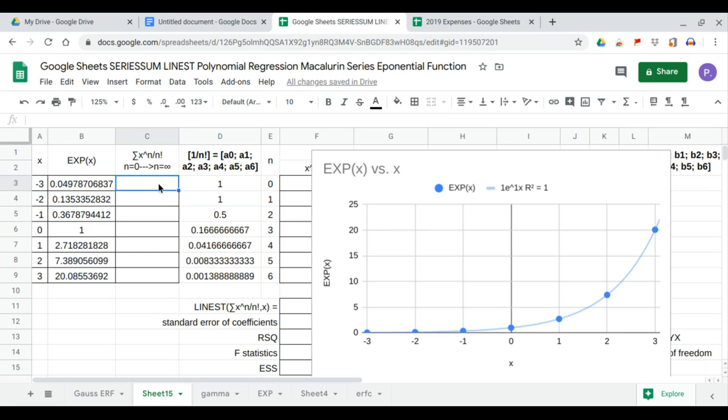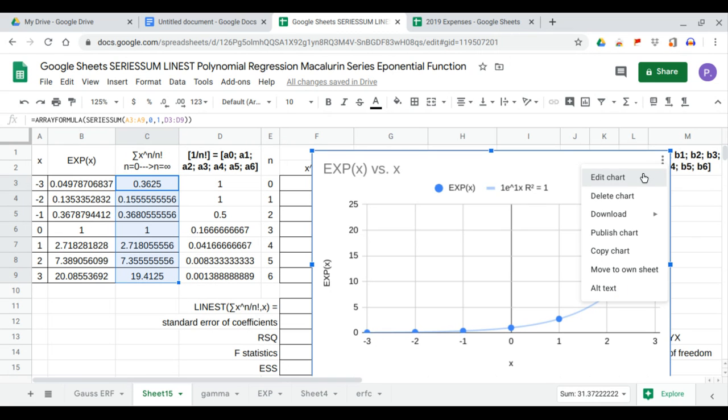We generate the Maclaurin series expansion, which is our formula, series sum of the x values raised to the power 0, because x to the n starts at 0, incremented by 1 because the next value is 1, and the coefficients will be this series sum. Our expansion is a good approximation of the function. We can make this more accurate if we add more data sets. But for now, we can compare this in the chart.